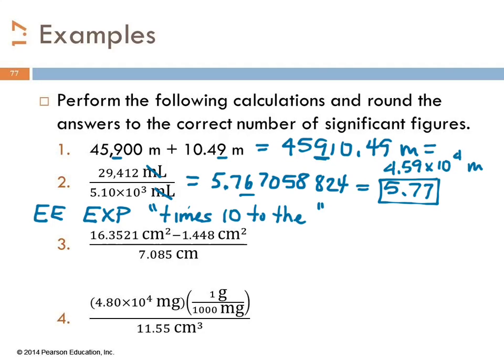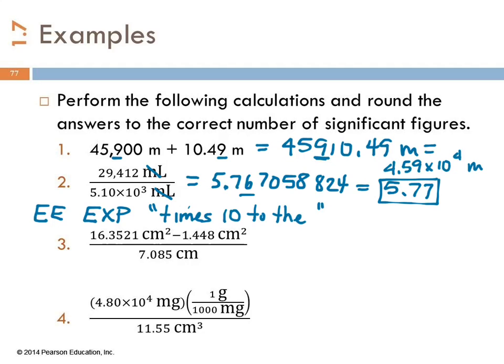Okay, number 3. Let me zoom in on this so I can see it. 16.3521 minus 1.448. You need to press the equal sign to tell your calculator, yes, I want you to finish that subtraction before you divide by 7.085 equals.